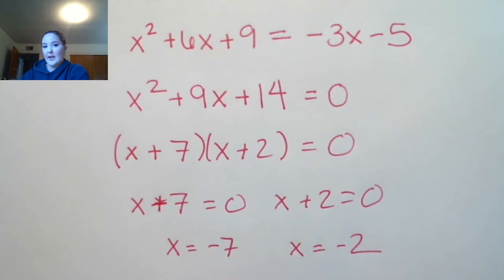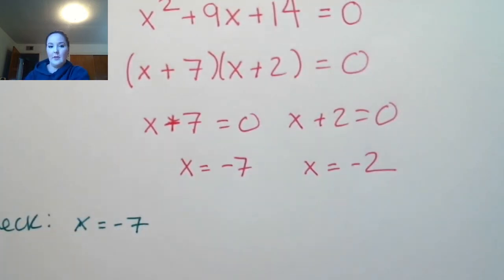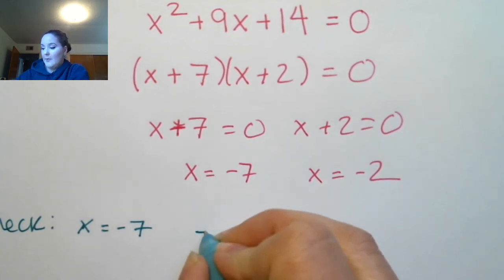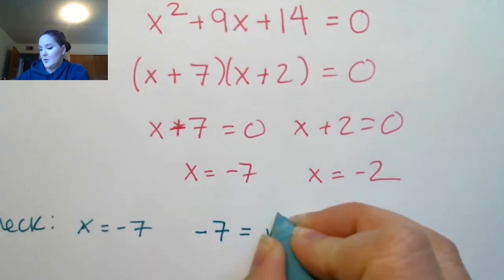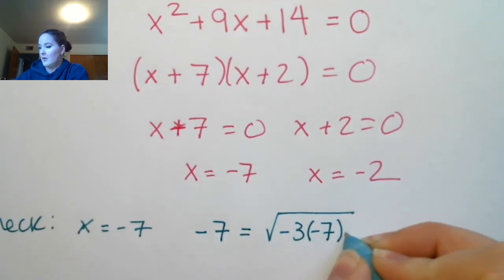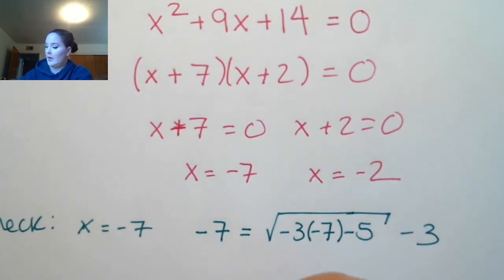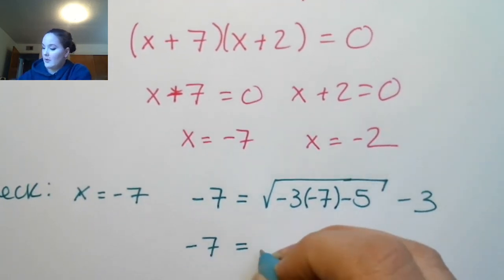So I'm going to check x equals -7. Plugging in, I would get -7 equals square root of -3x minus 5 minus 3. So -3 times -7 is 21.